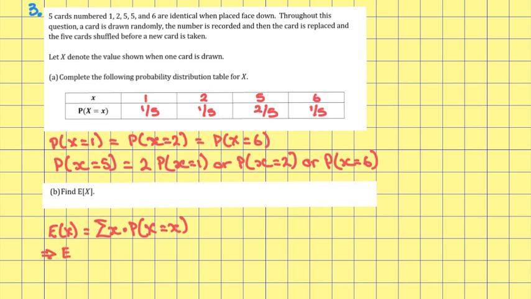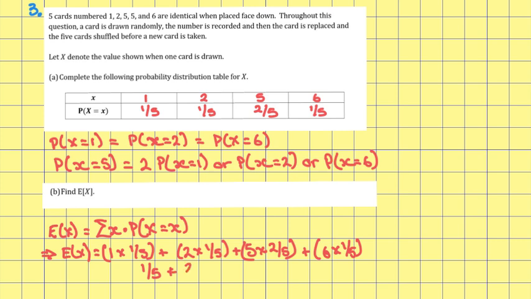Therefore, the expected value of X is equal to 1 times 1/5 plus 2 times 1/5 plus 5 times 2/5 plus 6 times 1/5, which is equal to 1/5 plus 2/5 plus 10/5 plus 6/5.